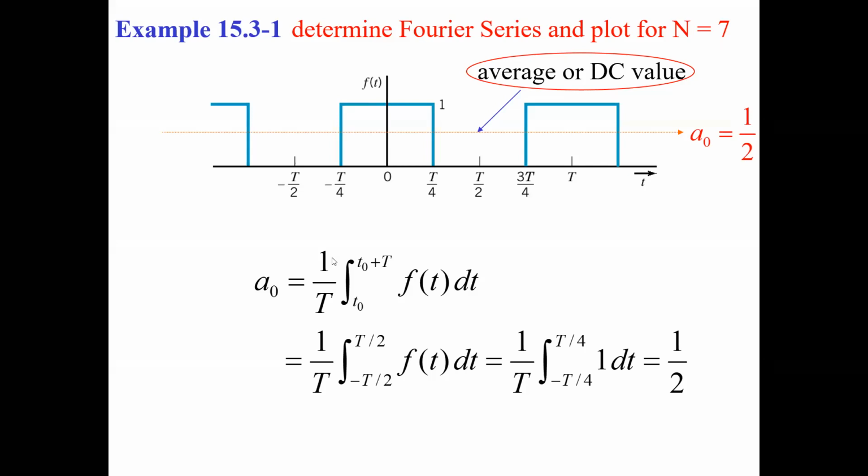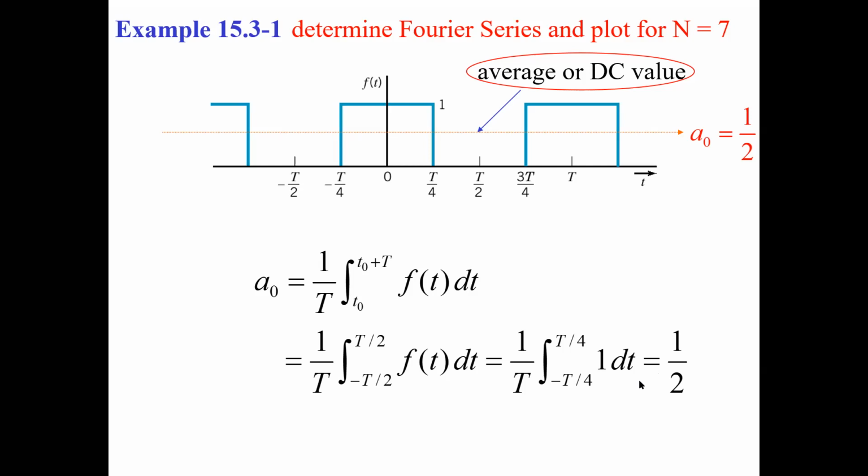So a naught is equal to this equation, over the range minus T by 2 to T by 2, and here we have to cover both things. So 1 by T, the integral of f(t) dt: in the range minus T by 4 to T by 4, f(t) is equal to 1, and outside it is 0.